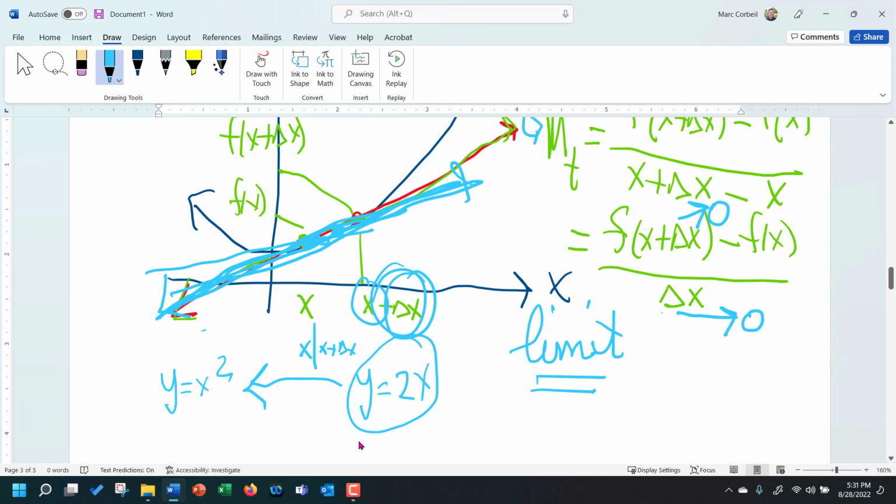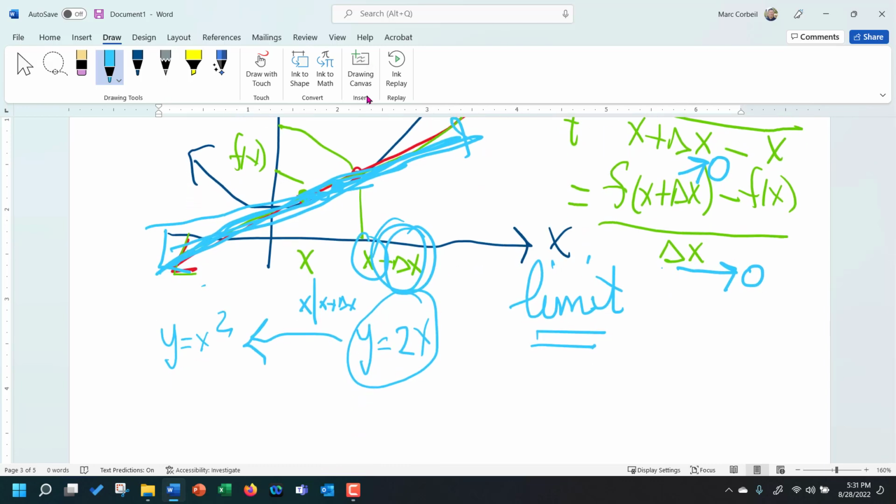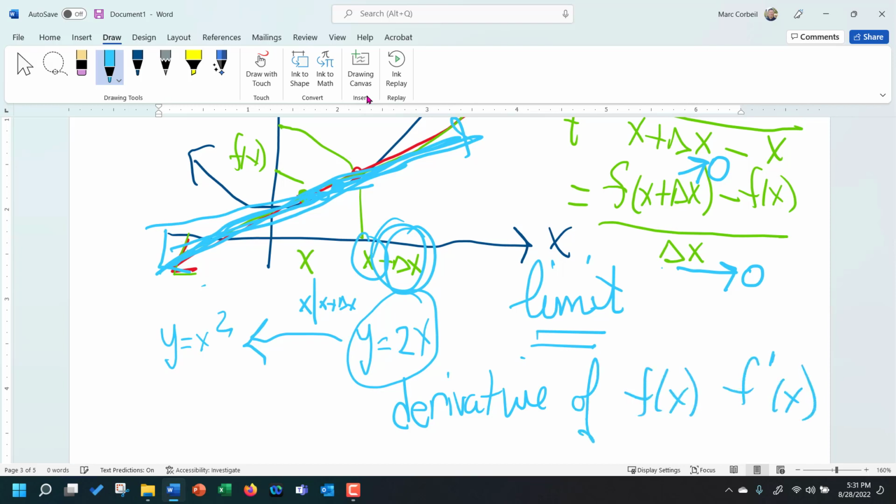The result, y equals 2x, we're going to end up calling the slope of the tangent line all the time. We have a word for that. That's going to be the derivative of f of x, or f prime of x, which we're going to write this way.